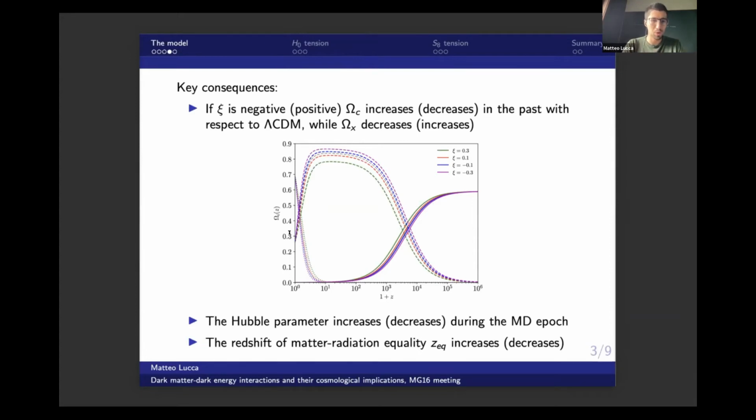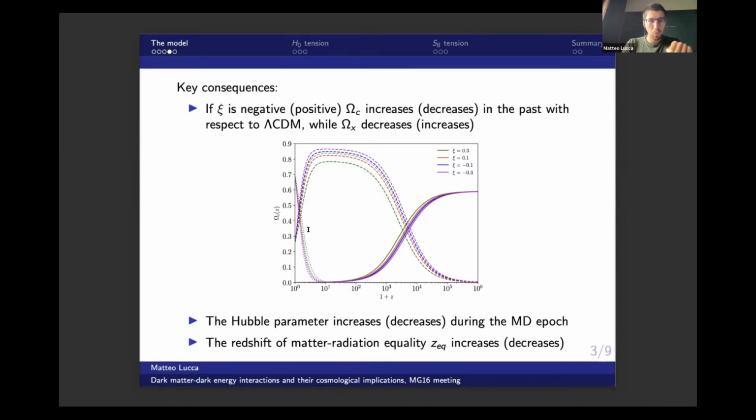And the opposite is true, of course, for the dark energy, which has a decreased energy density in the past and increases as the dark matter decays into it. The opposite is true for the case where Xi is positive. So in this way, you have a decreased dark matter energy density in the past, because the dark energy decays into it, so it increases in time.